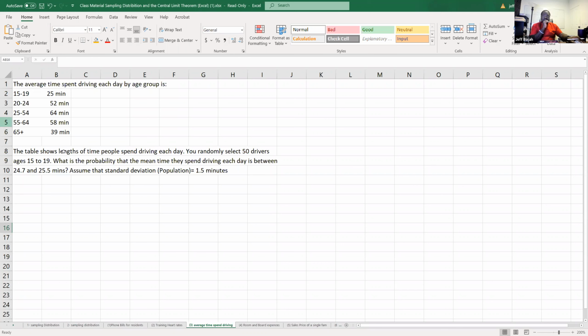Solving with CLT is similar to how we solve with normal distribution. There's only a slight difference.